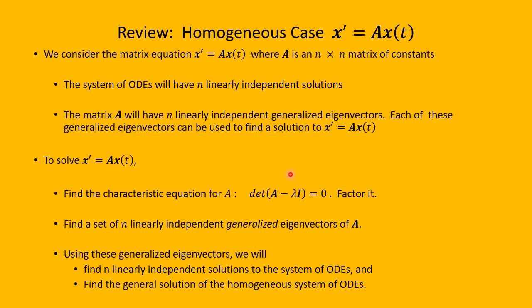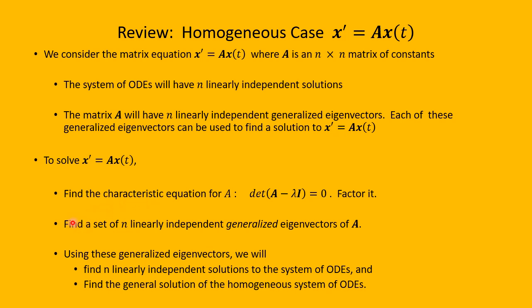That characteristic equation, remember, is the determinant of A minus lambda times the identity equals 0. This is going to be a polynomial equation in the variable lambda, and it's going to be nth degree. We'll factor it.